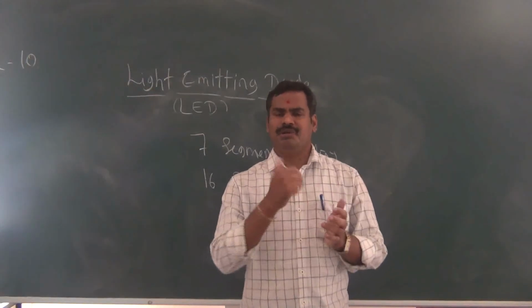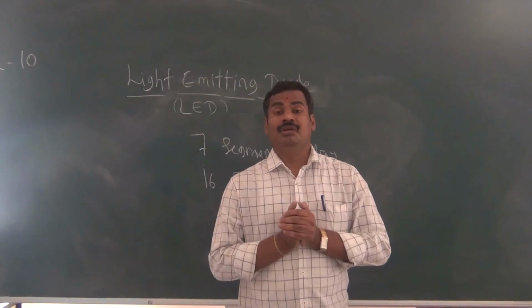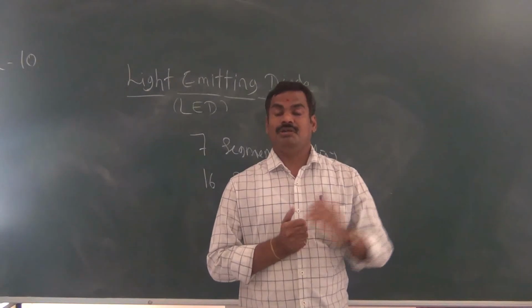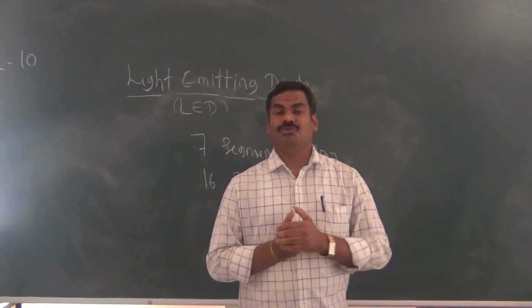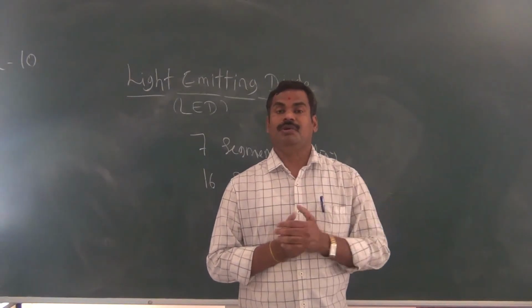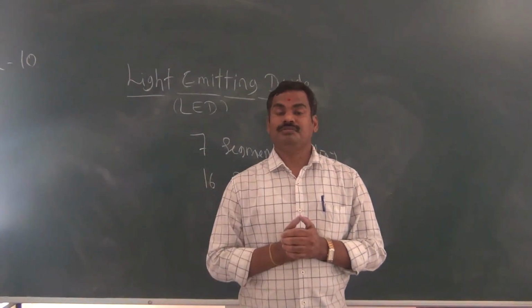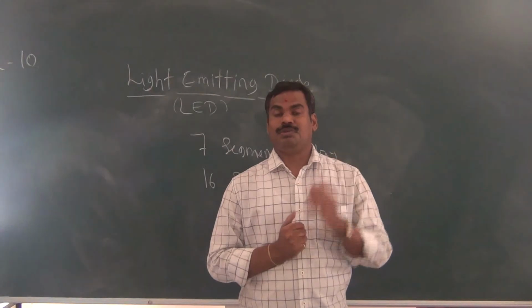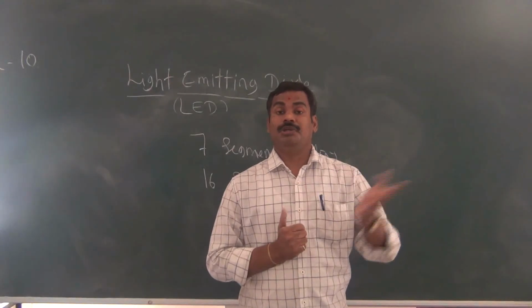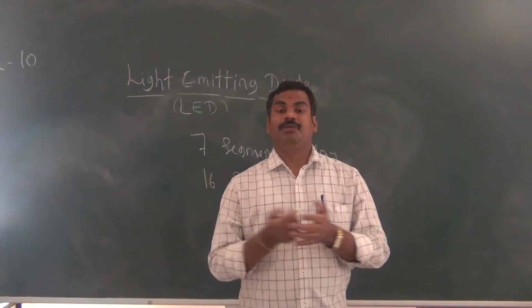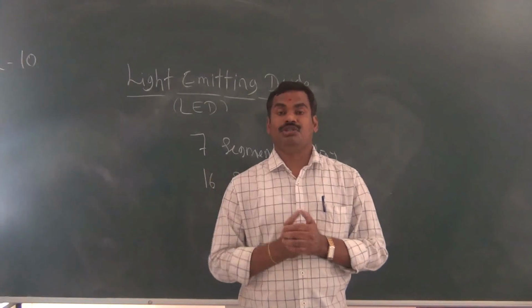Depending upon the compound semiconductor you use, you get different lights: red, green or white, so different colors can be obtained from the LED. Keep in mind, the LED works only in forward bias. You should not apply reverse bias to the LED; it is not working in reverse bias.